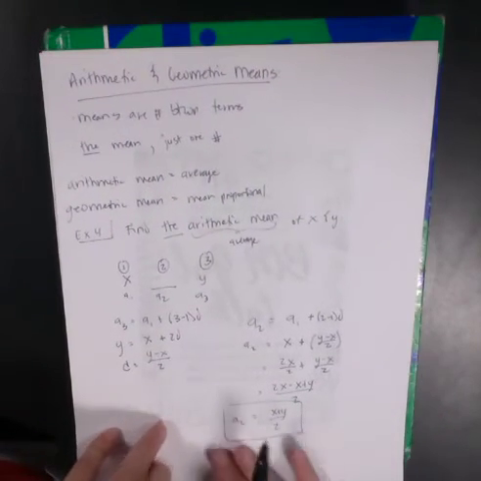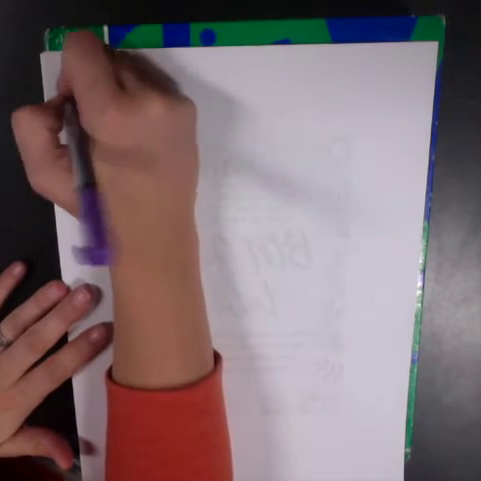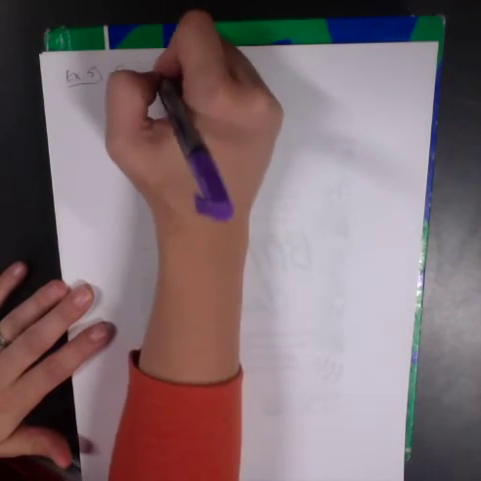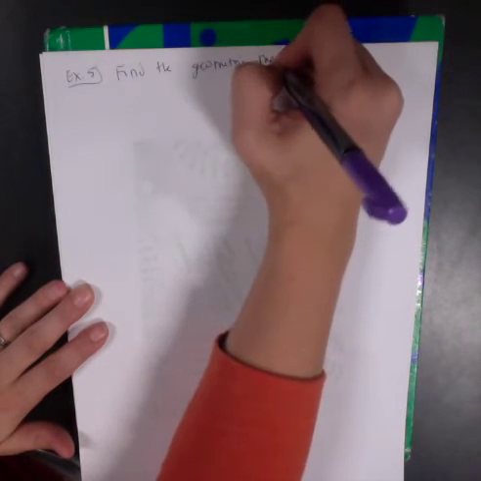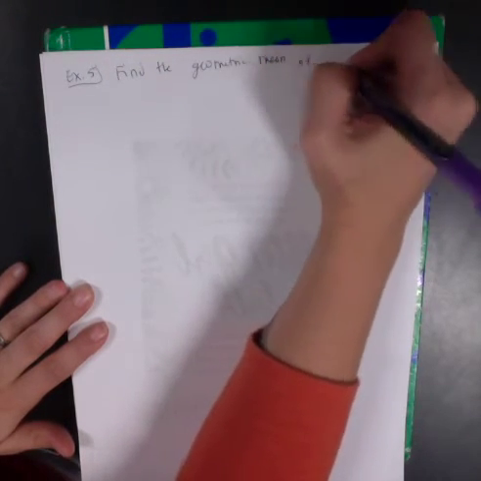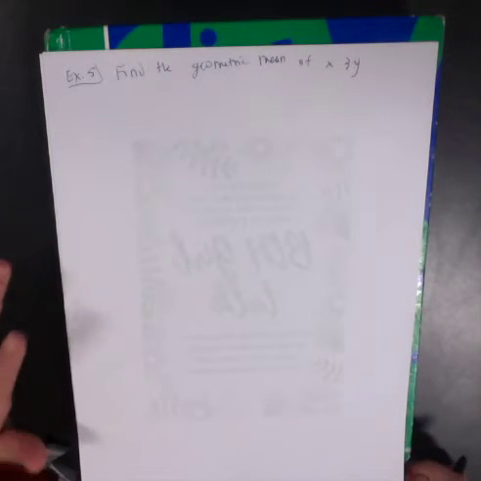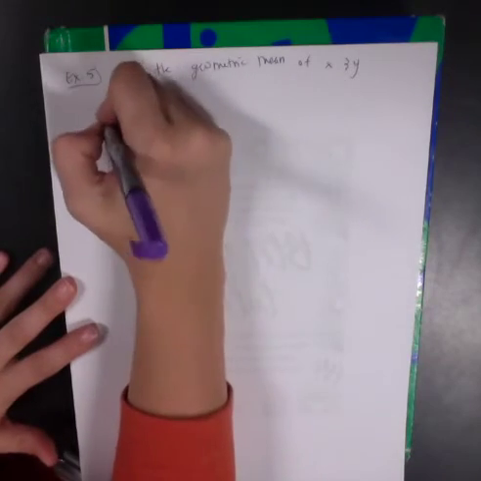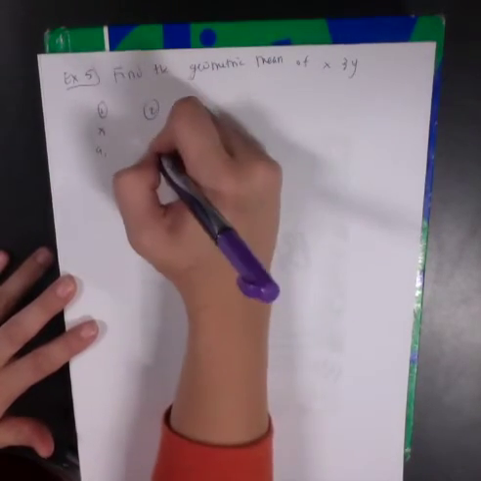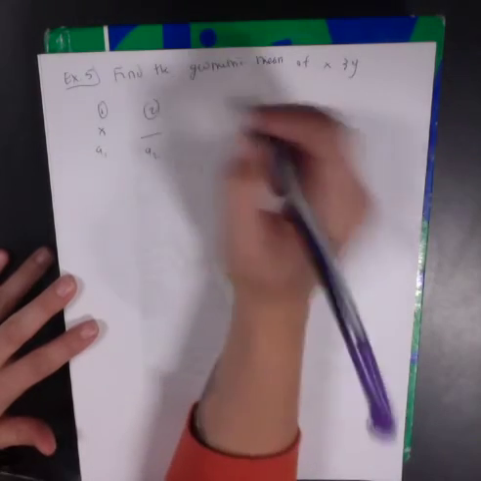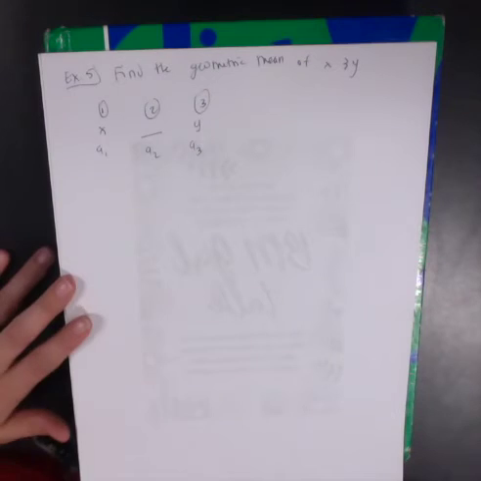Now, what about geometric means? Find the geometric mean of x and y. Okay, so again, my first term is x, that's a1. The geometric mean means I have just one term in between, and my third term is y, that's a3.